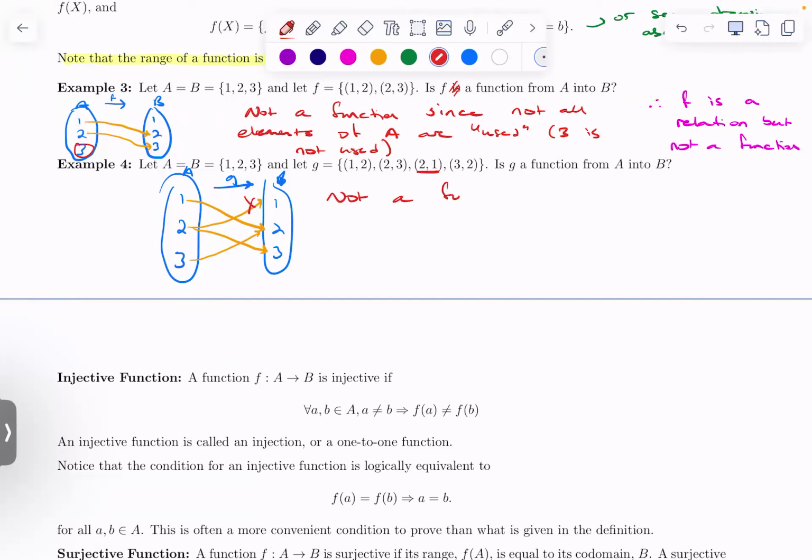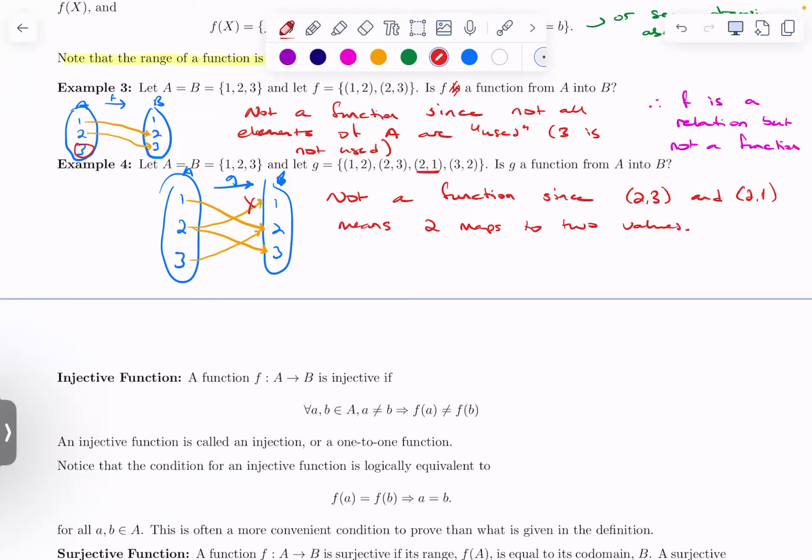Not a function, since 2 to 3 and 2 to 1 means 2 maps to 2 values, which is not allowed.